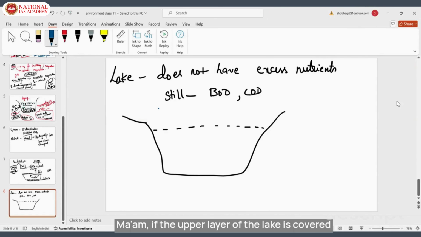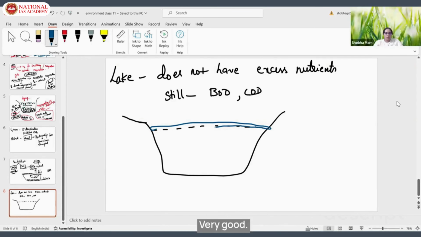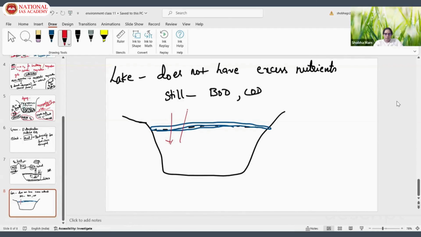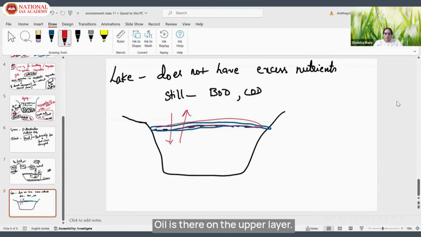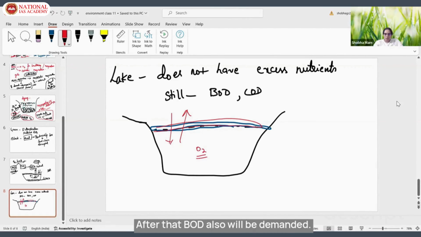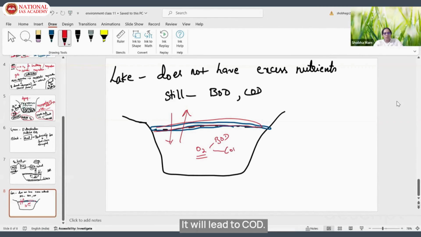Ma'am, if the upper layer of the lake is covered with oil or something, then it needs BOD. Very good. If the upper layer is covered, there is no exchange of gas. Whatever oxygen is inside, they will breathe. After that, BOD will be demanded. Once BOD is demanded and less oxygen is there, animals start dying. It will lead to COD.